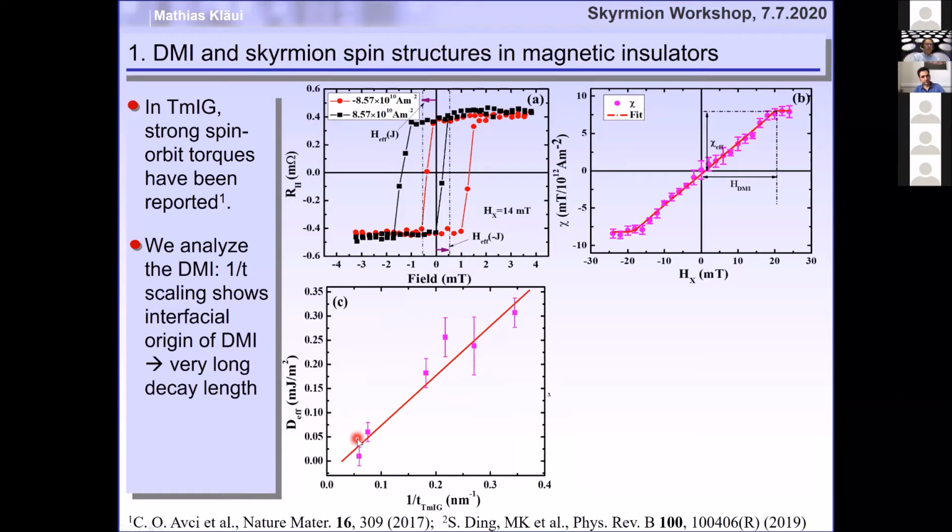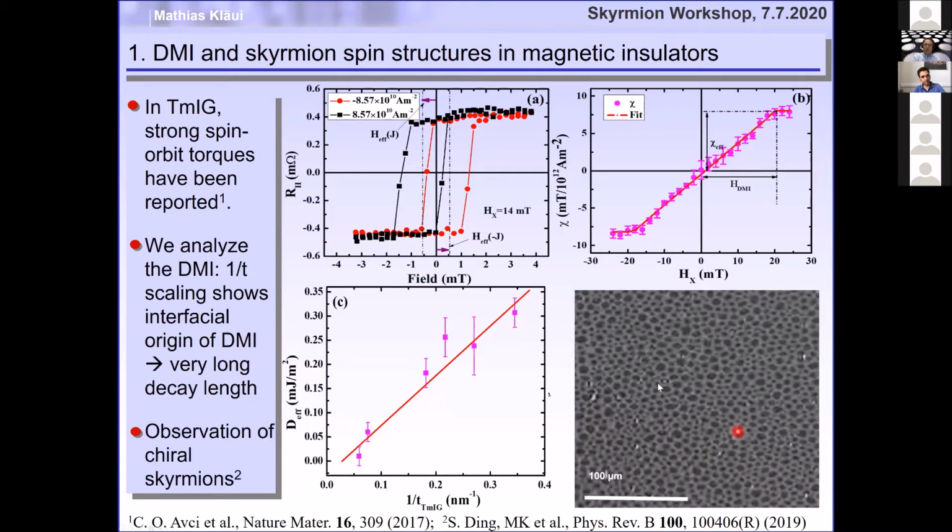So even at 50 nanometers of the ferromagnet, we get a sizable DMI. Finally, we can measure these spin structures also in some kind of arrangement, even if not very well ordered, and we can see by current-induced motion that these are chiral Skyrmions. This is nice because it means you can get these objects in a range of different systems.